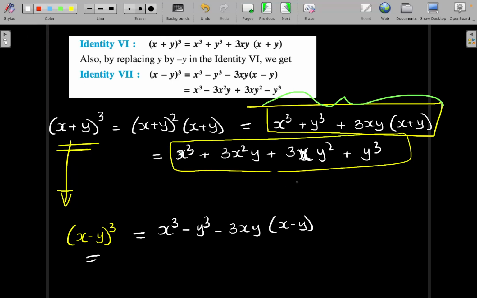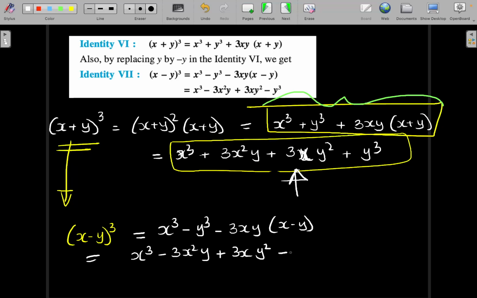You will get 4 terms here, and here too you replace y with minus y, so you will get x cube minus 3x square y, because now there is minus y, and here it doesn't make any difference because we are squaring x minus y, so minus y into minus y is also y square.